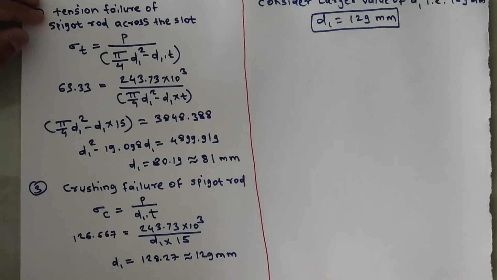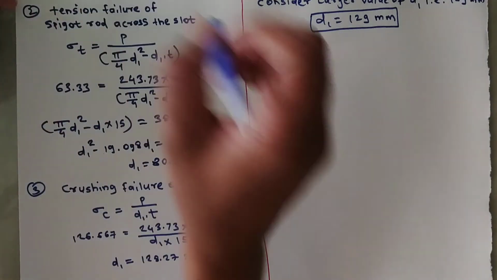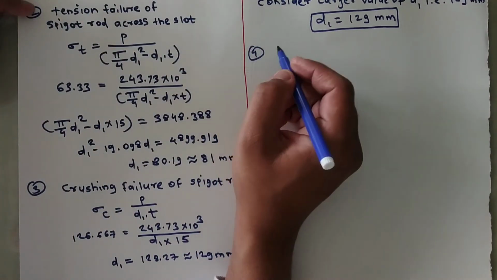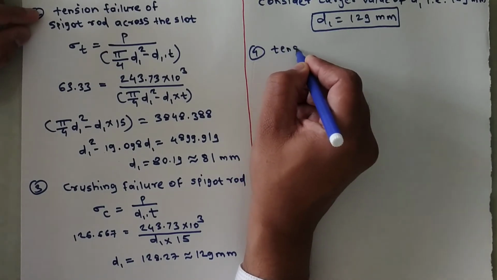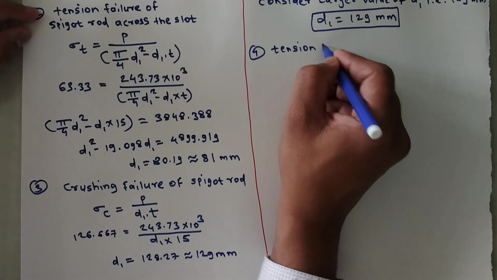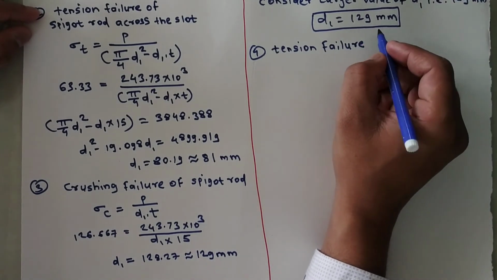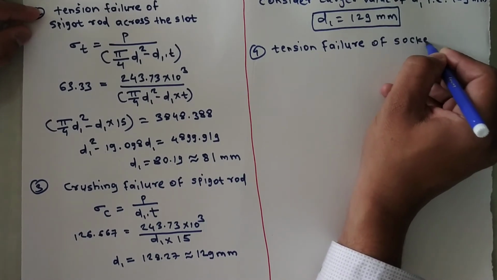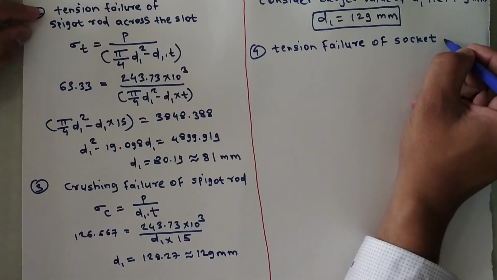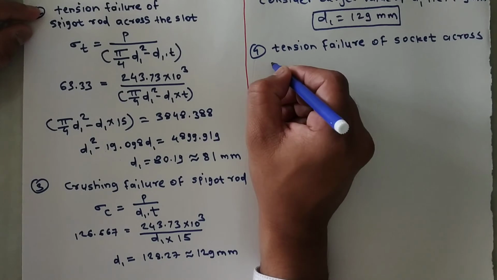Now we have to find out the outside diameter of the socket. So for that we will consider as the fourth step the tension failure of the socket across the slot.